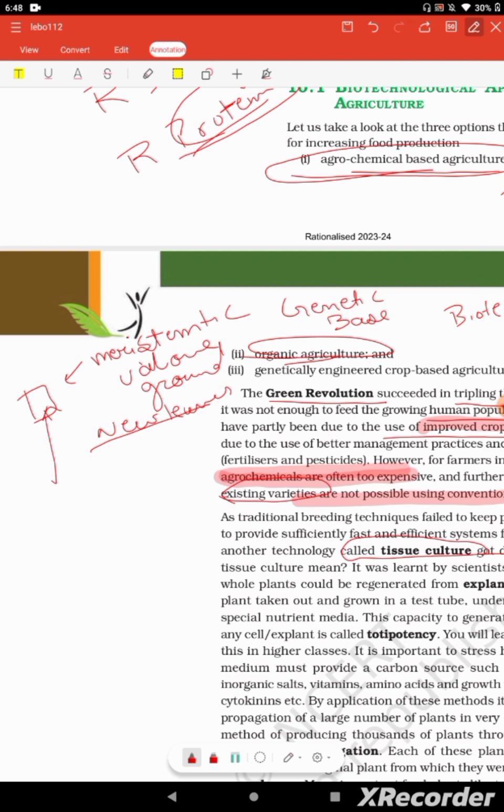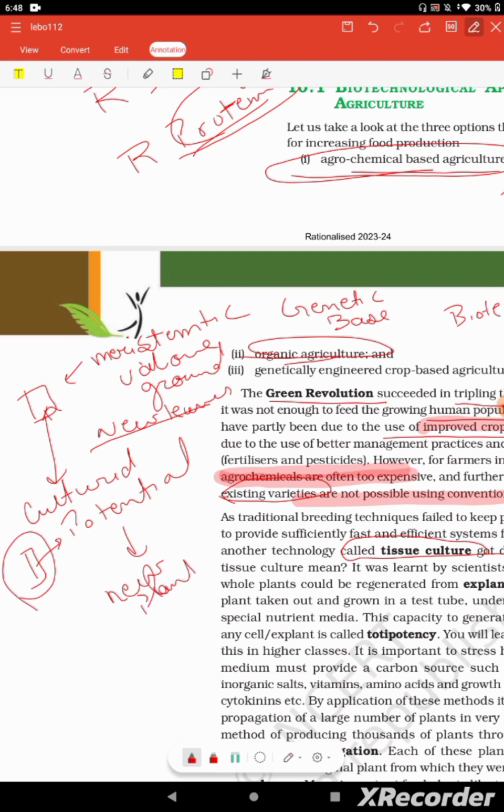Now this tissue is cultured in the artificial media. Now it is said that if you are taking a tissue which has the potential to generate or develop a new plant itself, that type of tissue is only taken.